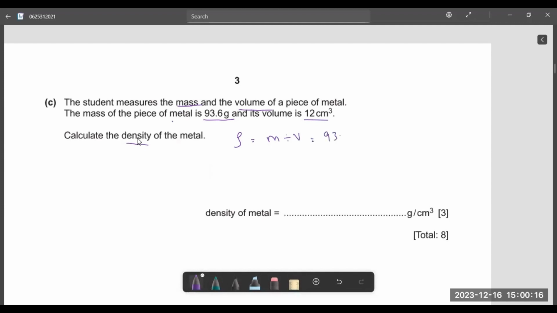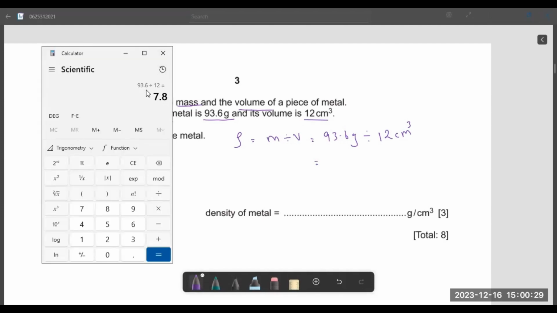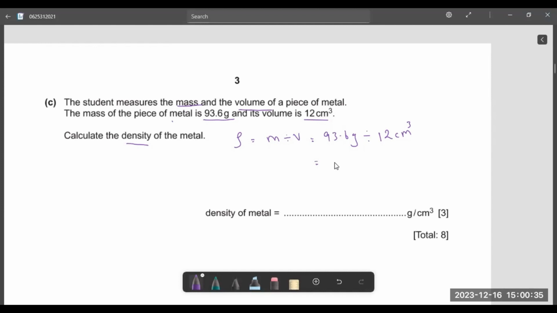So here mass is 93.6 gram, divided by volume 12 centimeter cube. Let's calculate it. That is 93.6 by 12, that is 7.8. So here the answer is 7.8 gram per centimeter cube.